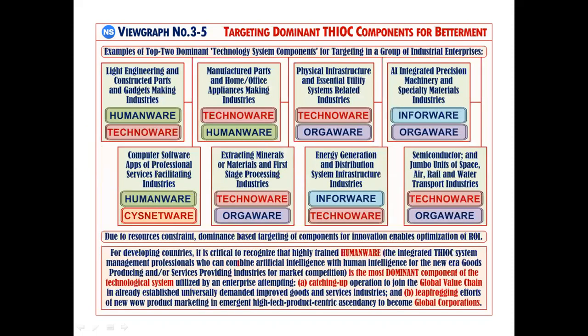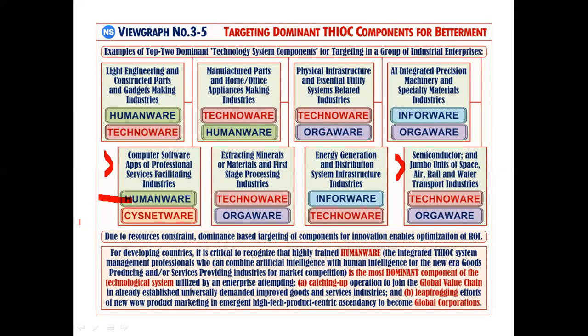Now, I will explain the dominance factor a little bit by taking the computer software industry versus the semiconductor industry. In the computer software industry, if you think, you realize that though we need all 5 components of technology, humanware is the most important one, because technoware is a simple one that we use.